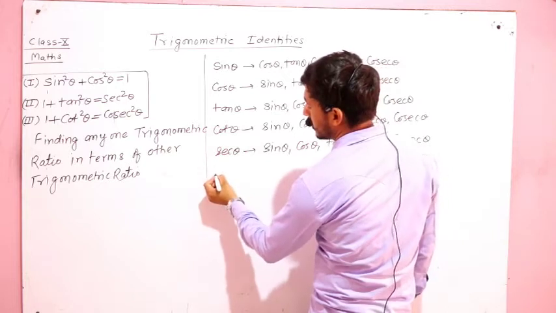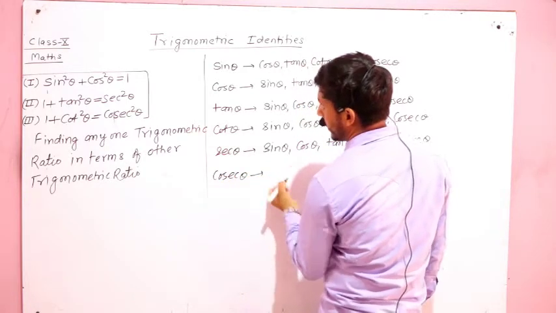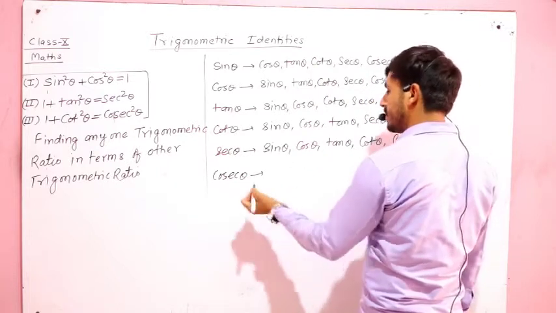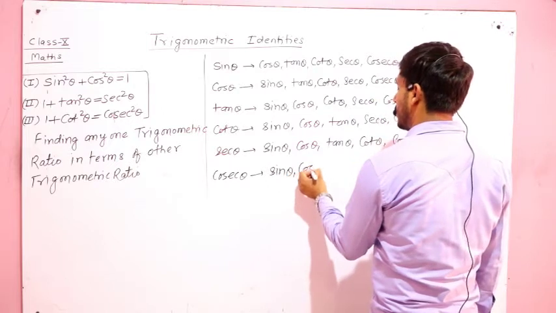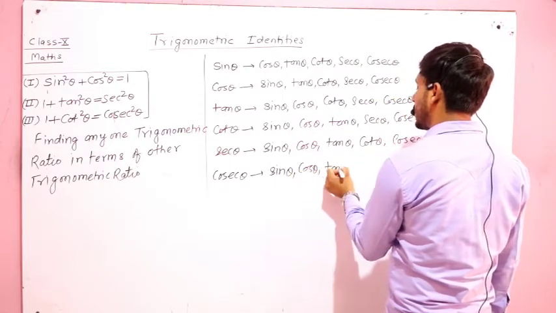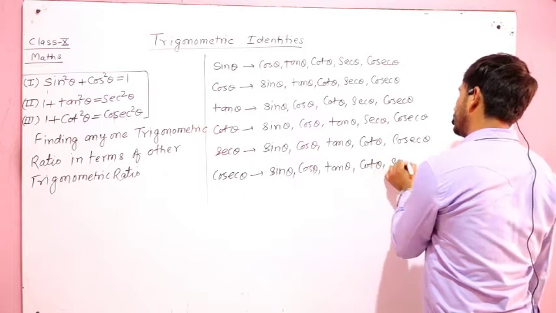And cosec theta was obtained in terms of sin theta, cos theta, tan theta, cot theta, and sec theta.